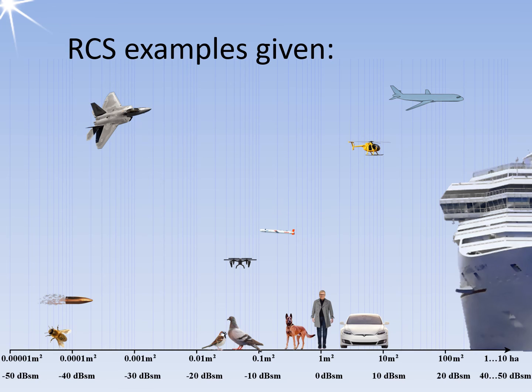That is 4.8 to 7 dBsm. A large transport aircraft has 80 to 100 square meters, corresponding to 19 to 20 dBsm. Large cruise ships top this list with 40 to 50 dBsm. This area can already be calculated as 1 to 10 hectares.